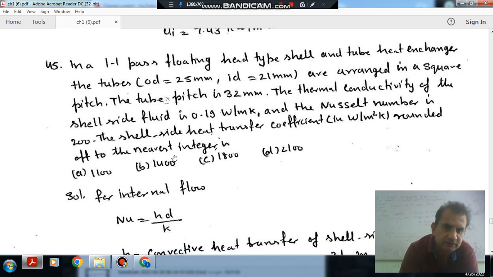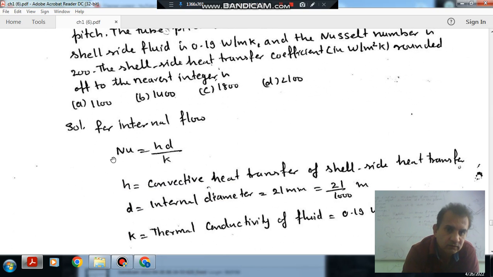Nusselt number is 200. The shell side heat transfer coefficient in watt per meter square, rounded up to nearest integer, is: option A 1100, option B 1400, option C 1800, and option D 2100.